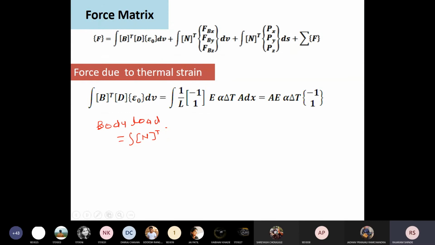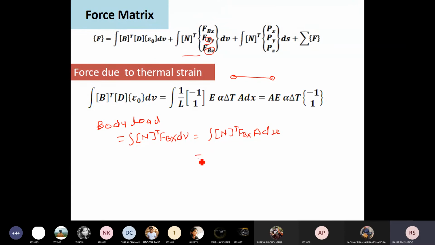If we go for the one dimensional case, there is a force in only one direction. The y direction and z direction will not be there, because we have only a one dimensional element. It has no component in y and z direction. So this is only FBX. Are you getting this? And integration over dV. Again you replace this integration over dV by integration of N transpose FBX A dx.